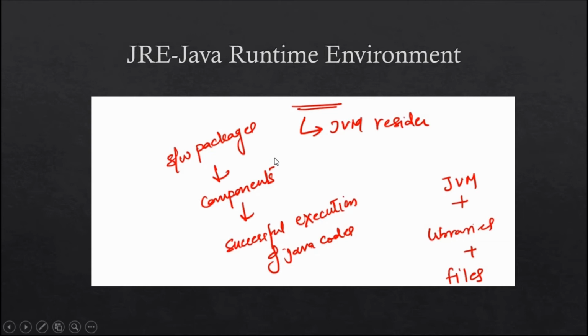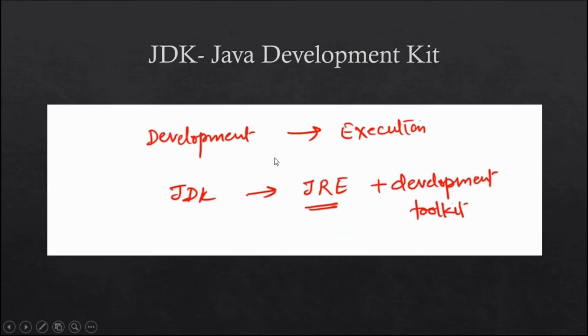So let's proceed further. Let's go to the next slide, and we need to understand this important term as well, Java Development Kit. It's a complete kit because there is a cycle when you have to write your code in its development phase. When you write your code, it's called the development phase, until its execution, when you run your code in the Java Virtual Machine. This complete cycle is handled by the Java Development Kit.